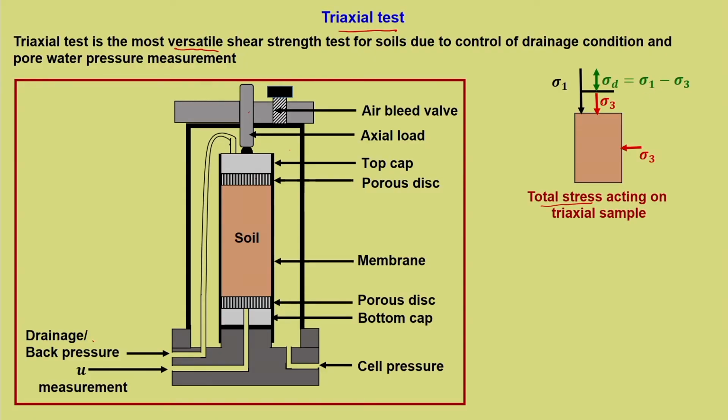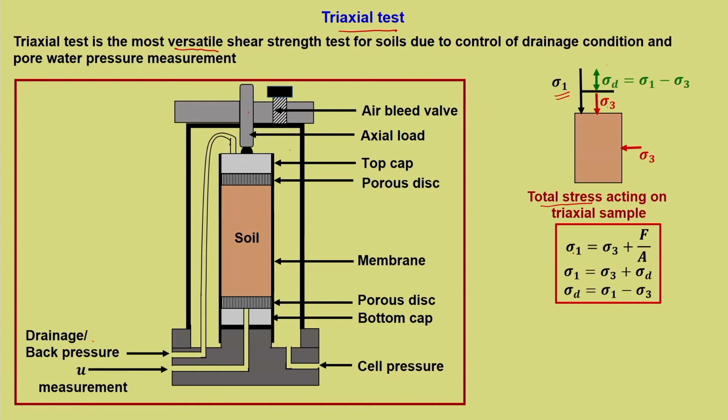That is the deviatoric stress component which induces shear, and that causes failure. That is given by this. So, the total stress, which is the axial stress plus the confining stress acting on top of the sample, together is the major principal stress. Hence, the deviatoric stress is nothing but sigma 1 minus sigma 3.